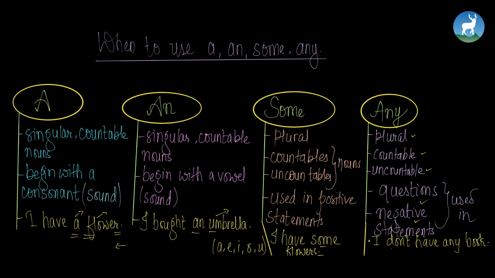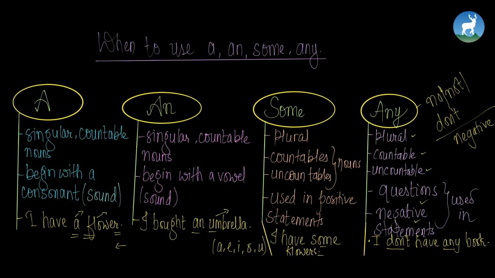See here, the use of words like no, not, or don't make a sentence negative. So I used the word don't and I used any with don't. I did not use some here. Whenever we have to say a negative statement, we don't use some. We use any. Alright, please remember this.